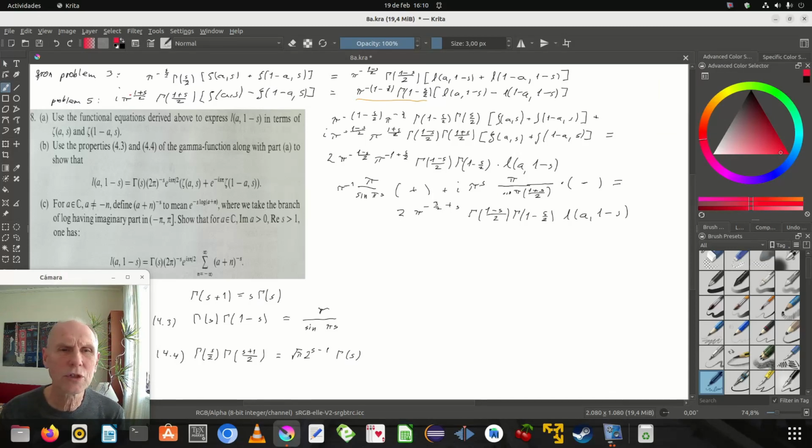And that will change gamma 1 plus s, then it's minus here. And then we get pi to minus 1/2, that's minus 1.